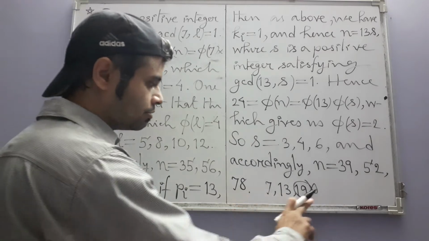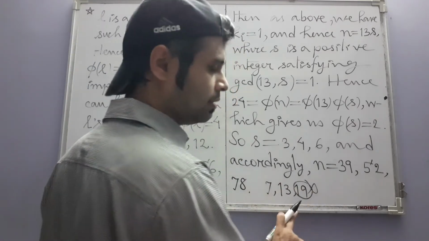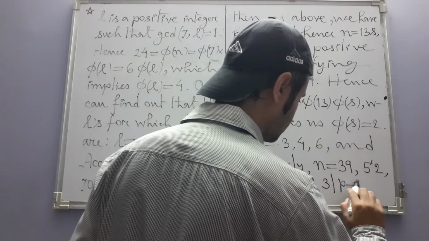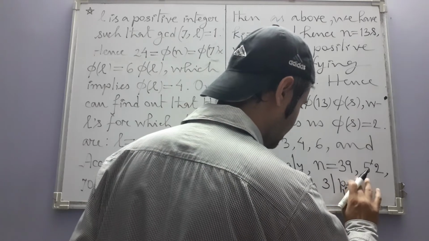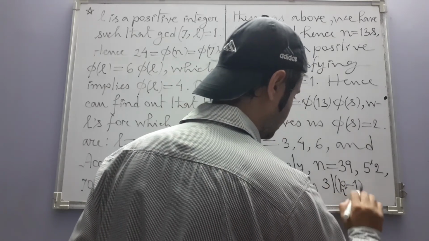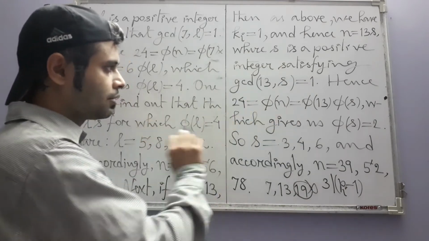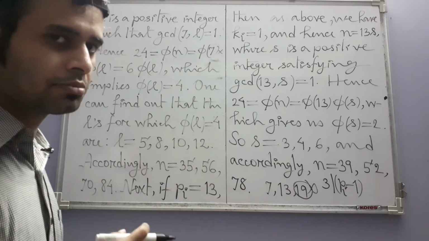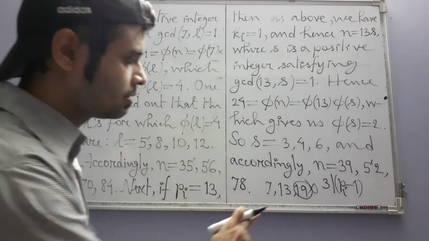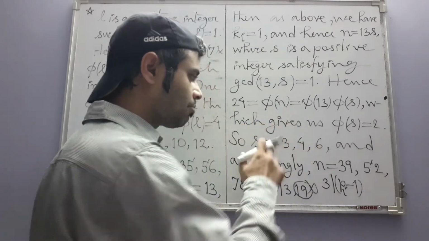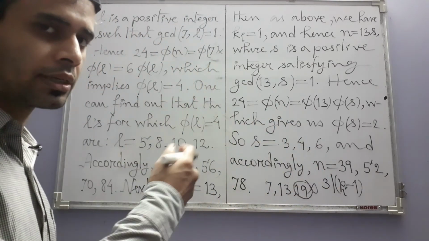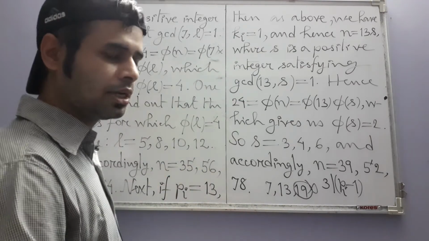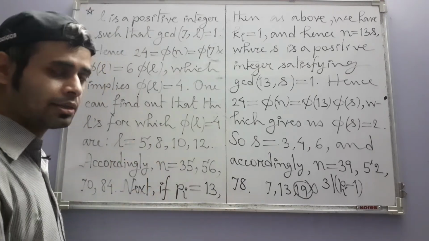We got these values for pi based on the assumption that 3 divides pi minus 1, that 3 is present in that part of the product, but 3 can also be present in the former part of the product which appears first. That is, 3 may appear in the prime powers themselves, that is p1 to the power k1 minus 1, p2 to the power k2 minus 1, and so on. In that part also 3 may appear. So from that we will get some other possibilities.